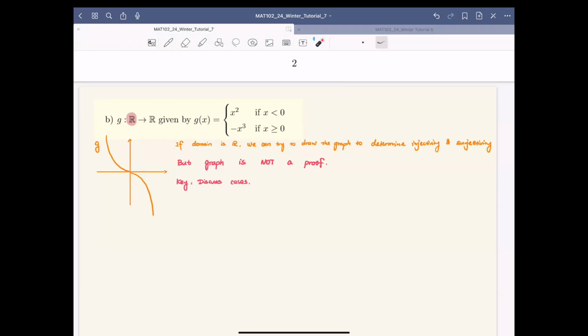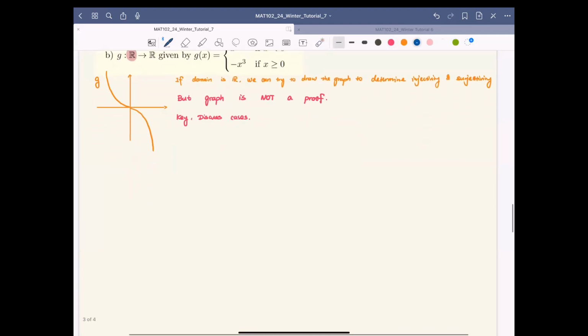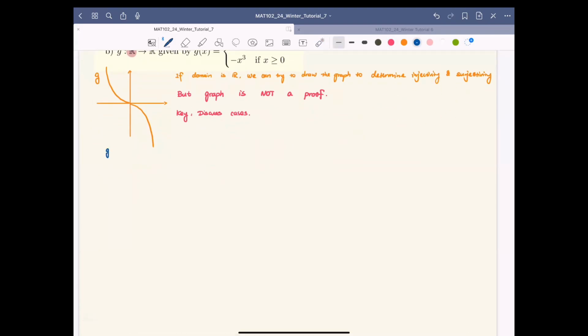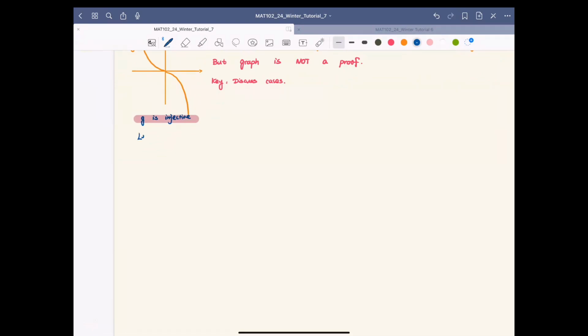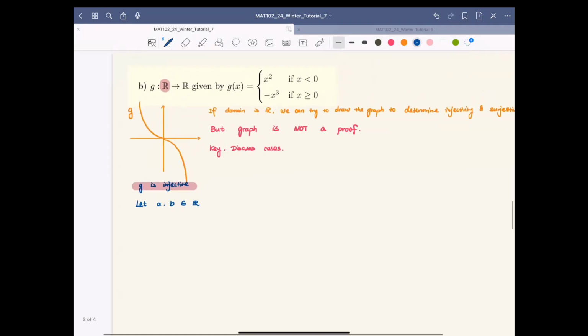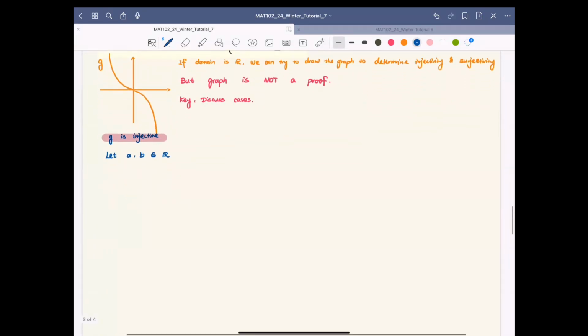Okay. So let's prove it. Right here, G is injective. So let's discuss cases. Let A, B be elements from the set of real numbers. And I'm gonna discuss a few cases. As I said, they can both be positive.